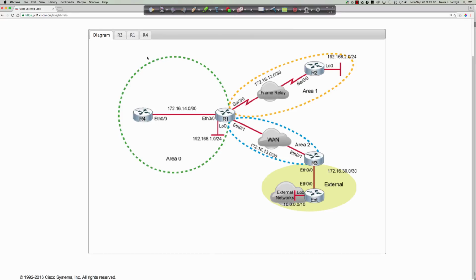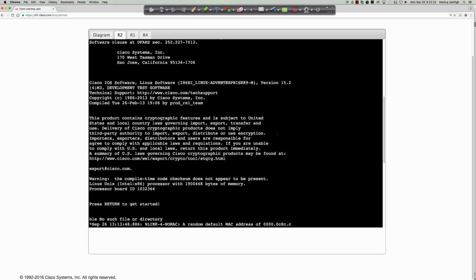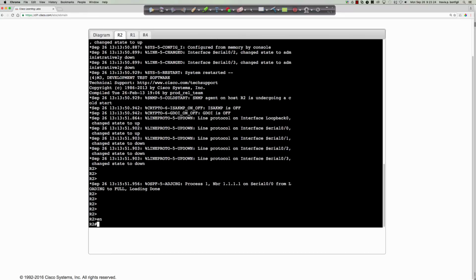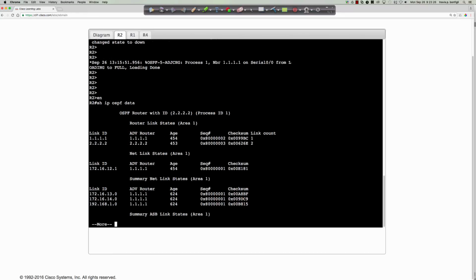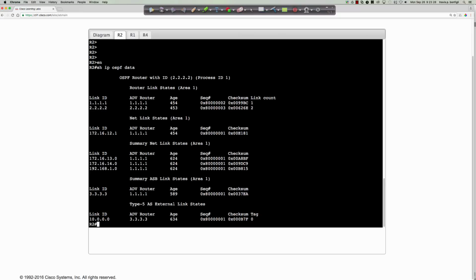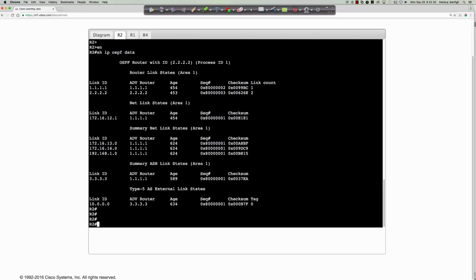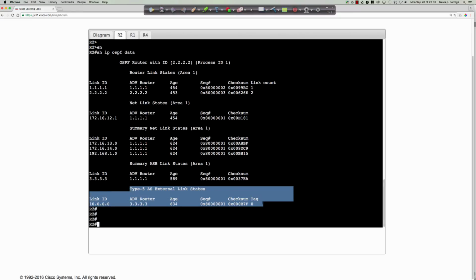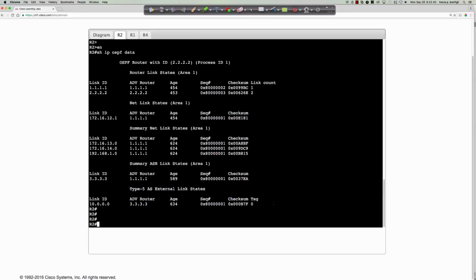Did it make it over to area 1? So if we come over here to area 1 and we've just reloaded here, show IP OSPF database, let's see. Yeah, there we go. All right. Looks like router 2 was just hung up. And absolutely, that Type 5 LSA, again, it's advertising, hey, I've got external routing information that's not coming from our OSPF domain. And here's how you get to it.